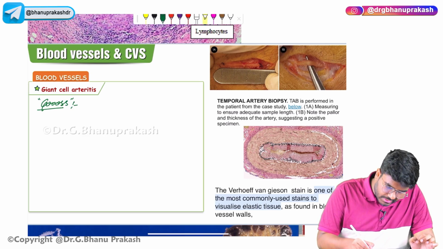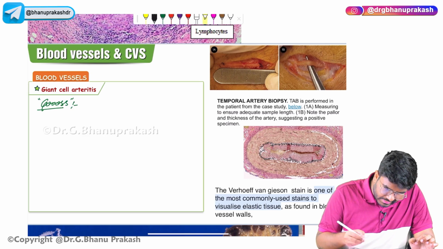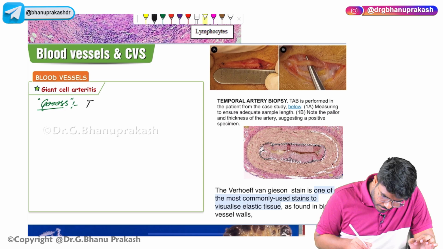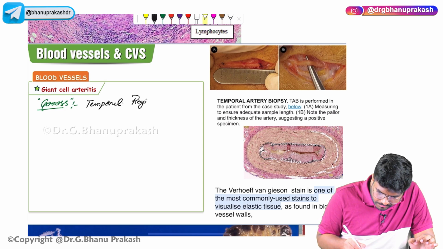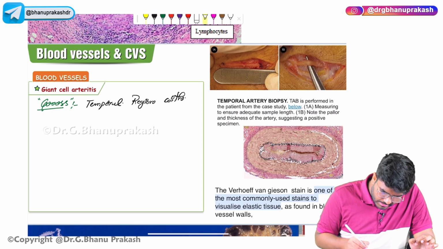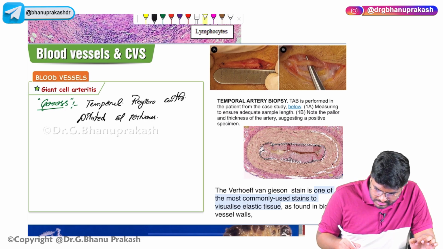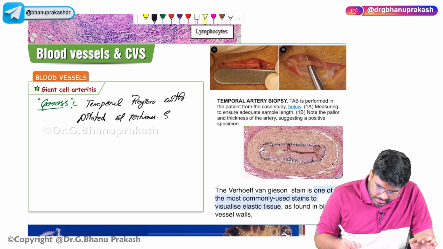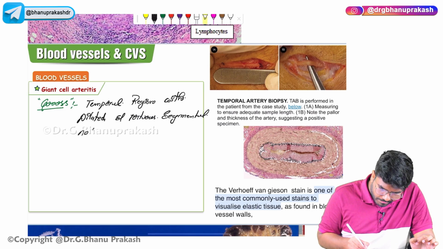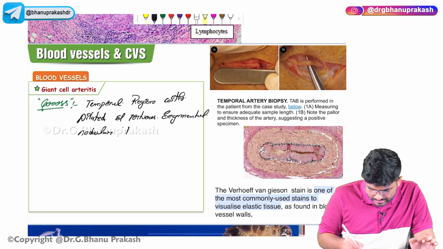On the gross morphology, you can see the temporal region, I have already shown you the image, with dilated, tortuous, segmental, nodular thickenings.